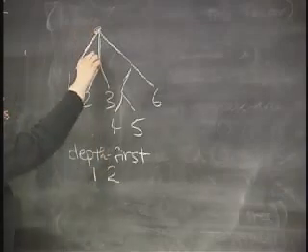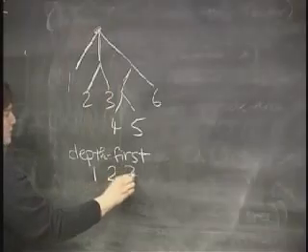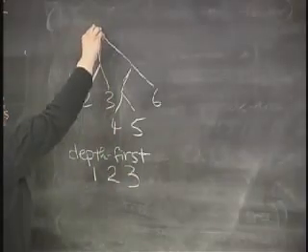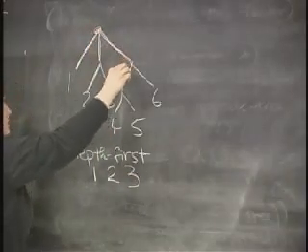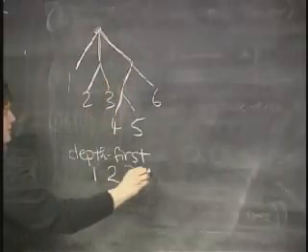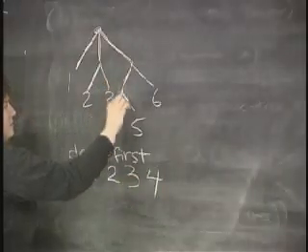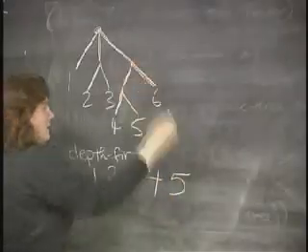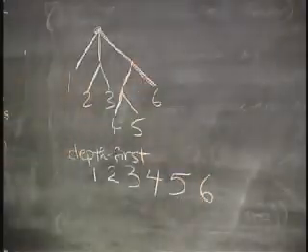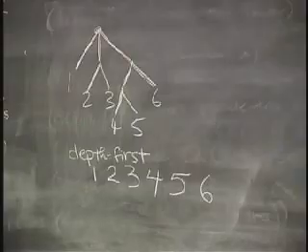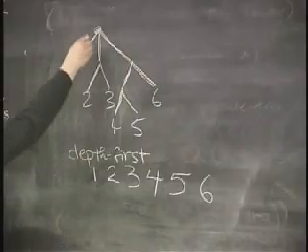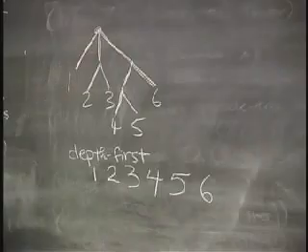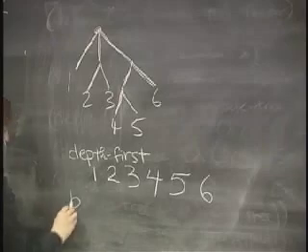Go back up to the node, follow the next branch, go back up to the top, down the next branch, off to the left, back up to the right, back up to the end. So that's going to be a depth first traversal. We start on the leftmost branch, go as far down as we can, and then we backtrack to each node and go down the right children of that branch.